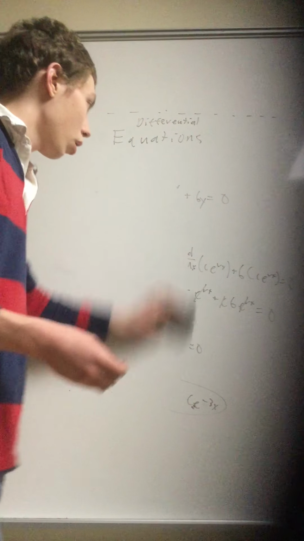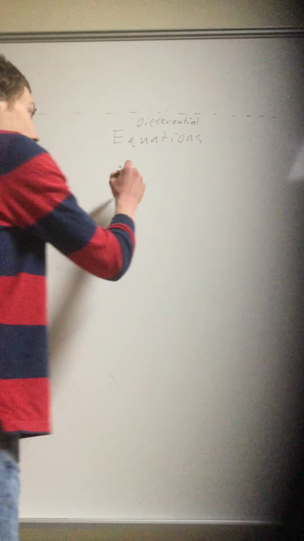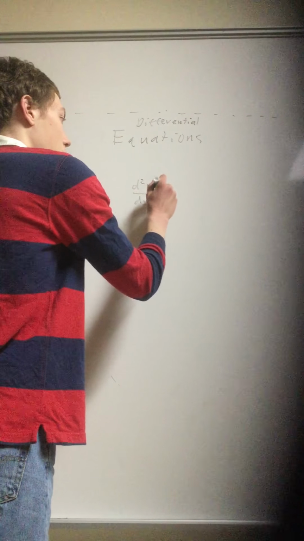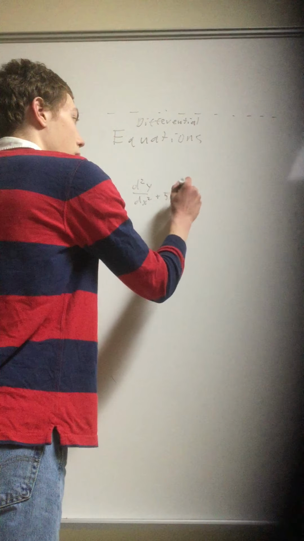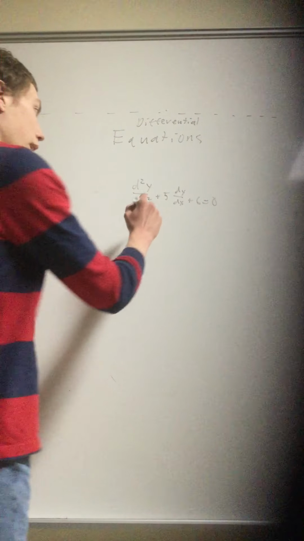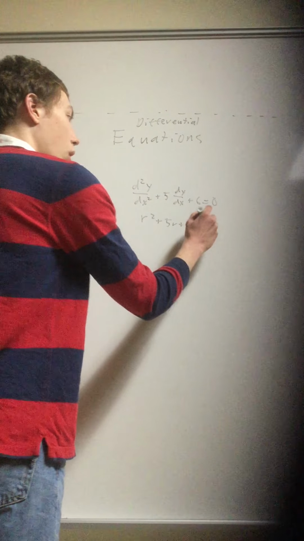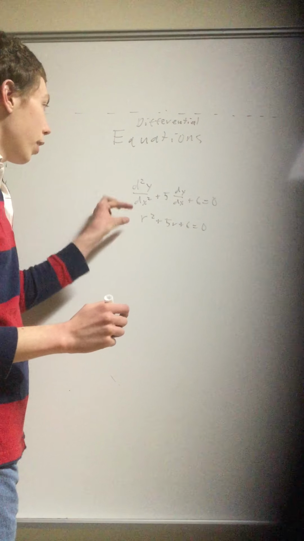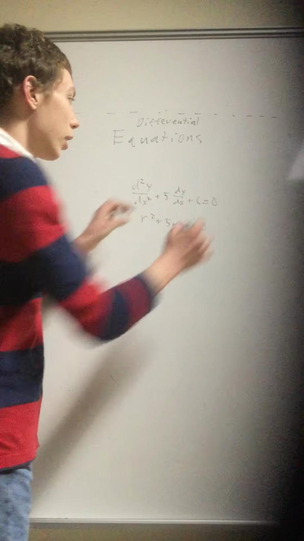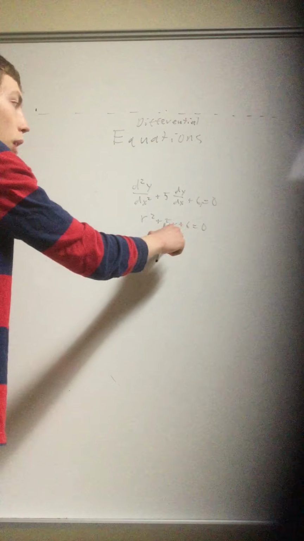So, we saw that the equation can be reduced to the equation where all we do is we take a derivative, a second derivative, and replace it with r squared, a first derivative and replace it with r, a zeroth derivative, and replace it with, that would be r to the 0, which is 1.